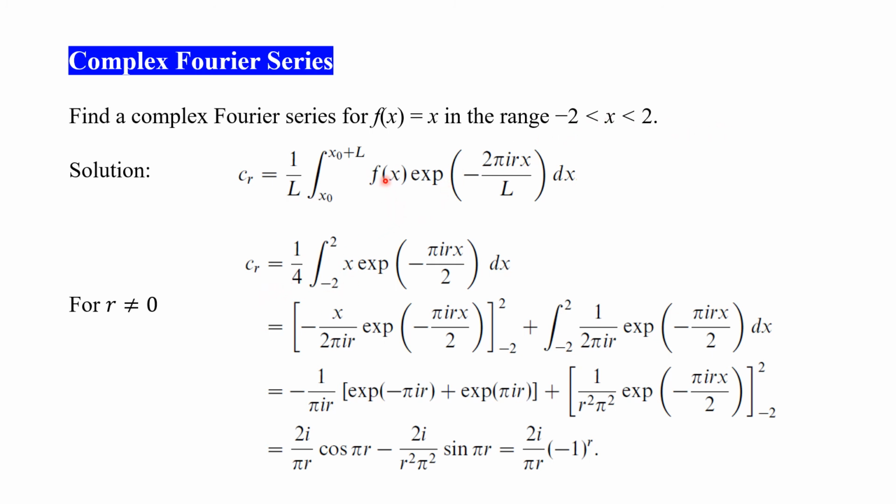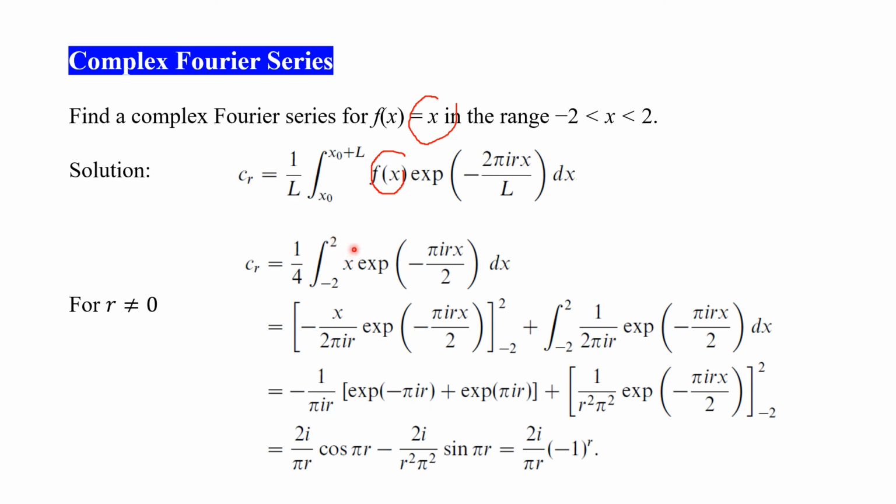And then your f of x here is equal to x. So we just substitute here your x in the expression times the exponential of negative pi i r x over 2, because you have 2 over 4 here, so you just have 1/2 dx.